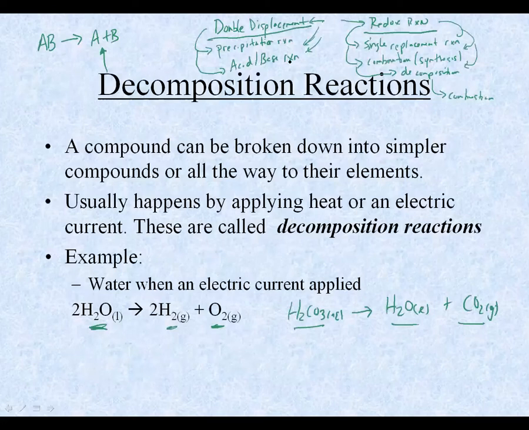A lot of times people will focus on the lower classifications for a reaction, but sometimes people will also just talk about it in terms of double displacement or redox, because both of those types of reactions, double displacement and redox reactions, cover those three driving forces for a reaction.